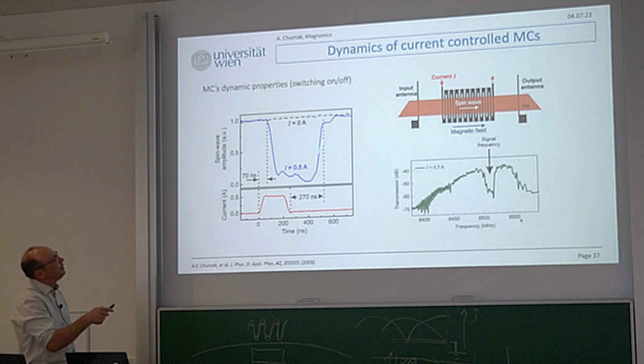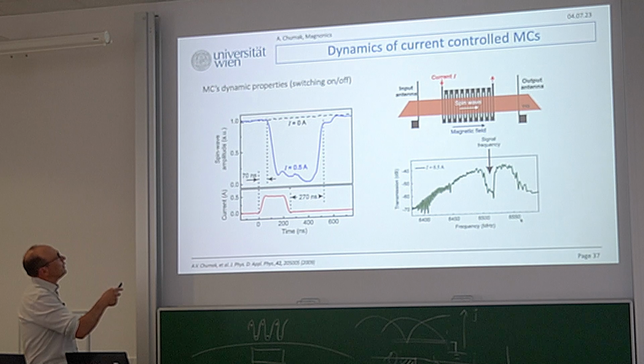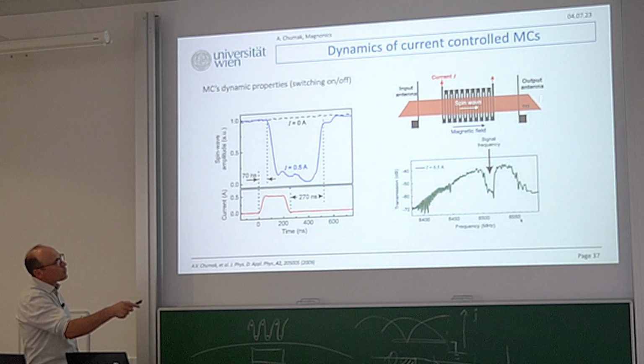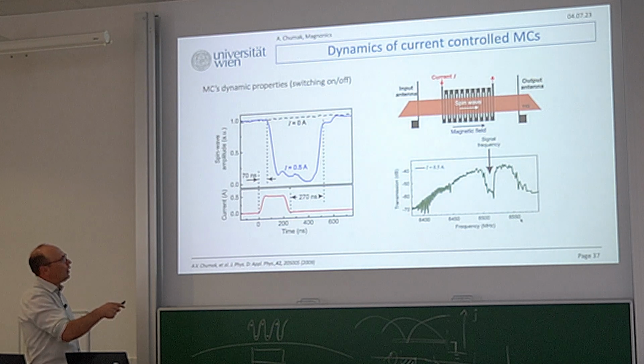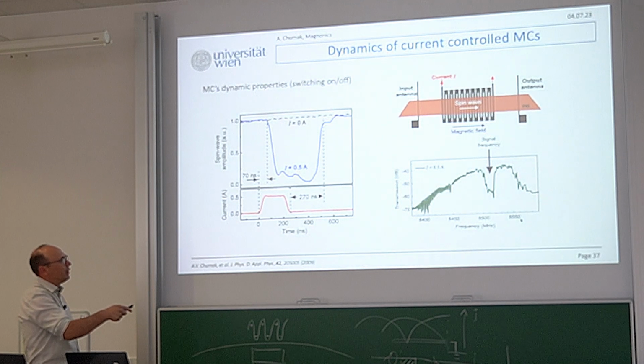First of all, we tested how fast we can change. We measured continuously the spin wave outcome at the output antenna, constantly sending current to the input and seeing what's going on at the output, and then at 0 nanoseconds we switch on this magnonic crystal.